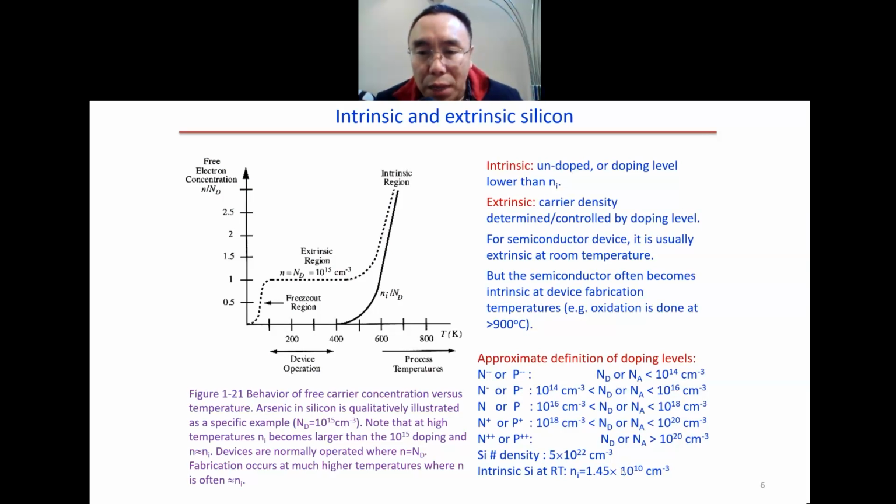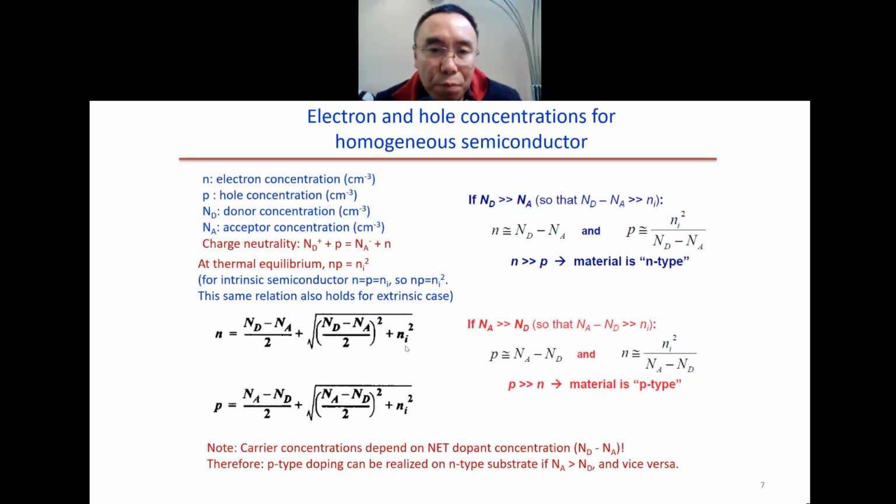So this term can be ignored compared to those terms, so we can ignore Ni squared. Then N equals ND minus NA. Then P is given by Ni squared divided by N, equal to Ni squared divided by ND minus NA. This is for the n-type.